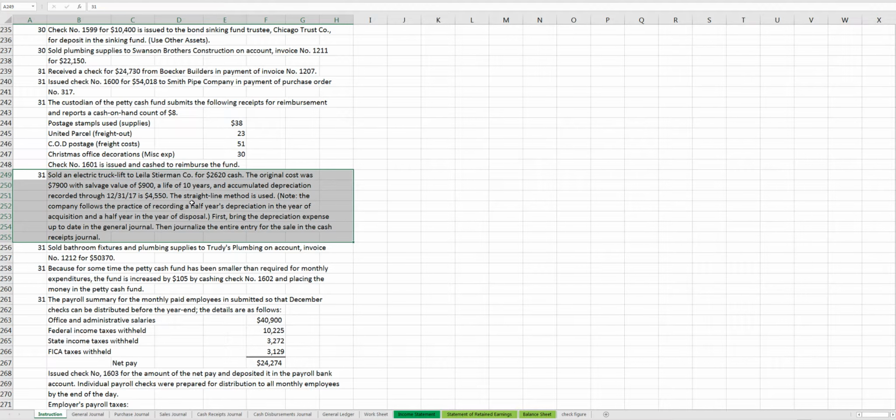Right? So first we have to bring the depreciation expense up to December 31st. Then we will calculate the carrying value of this truck lift and the gain or loss of this sales transaction. So let's figure this out.